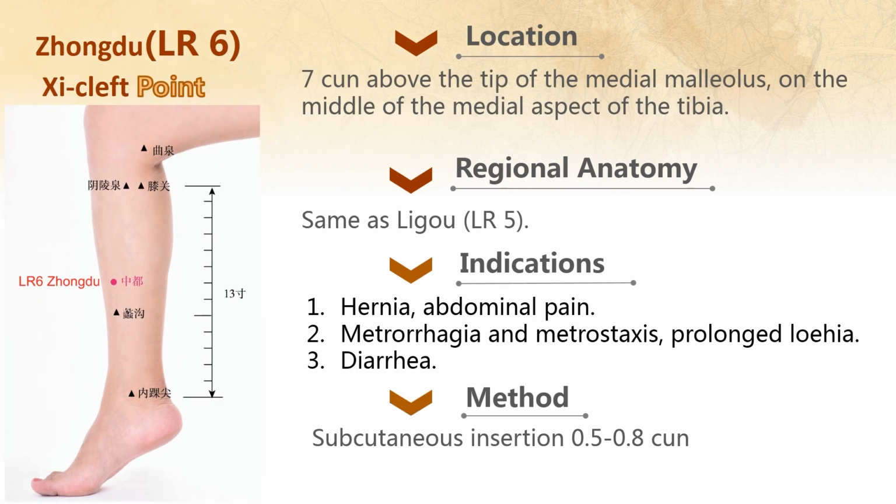Zhongdu LR6 is the xi-cleft point of this meridian. Its location is 7 cun above the tip of the medial malleolus, on the middle of the medial aspect of the tibia.